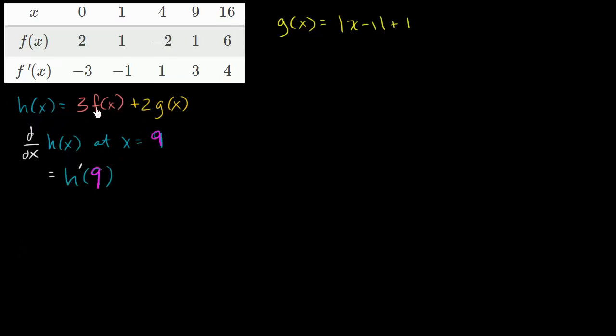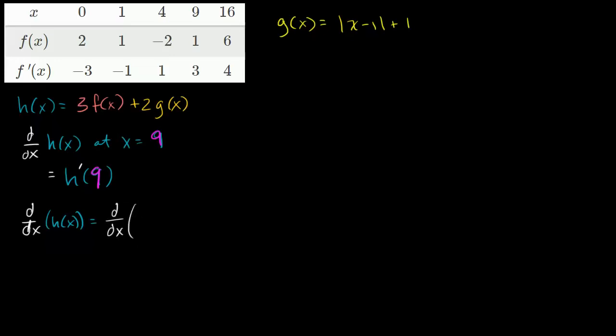Well, let's take the derivative of both sides of this expression to figure out what the derivative with respect to x of h is. So a derivative with respect to x of h of x is going to be equal to the derivative with respect to x of all of this business.